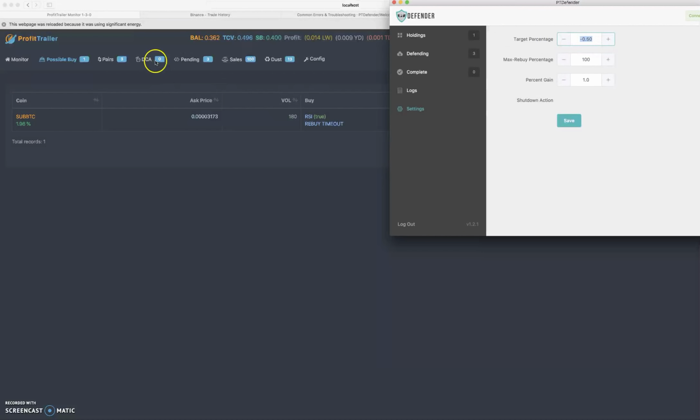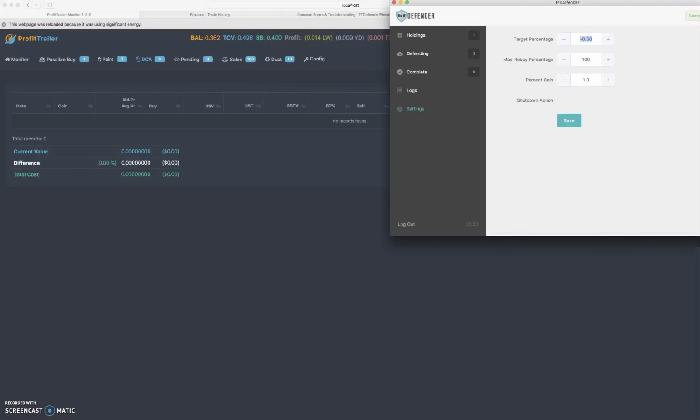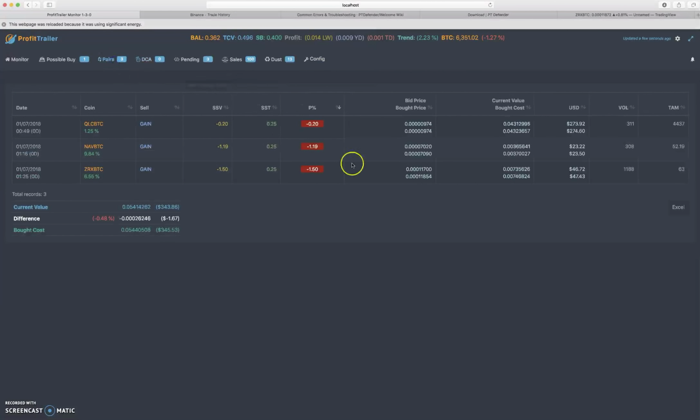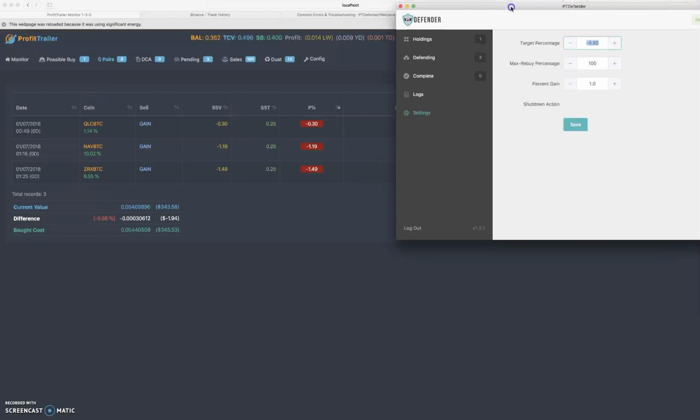So I'm going to use a DCA strategy, because if my coins start to drop to negative 1%, negative 2%, negative 3%, I want Profit Trailer to DCA these coins to help continually bring me back to that average of close to 0%.